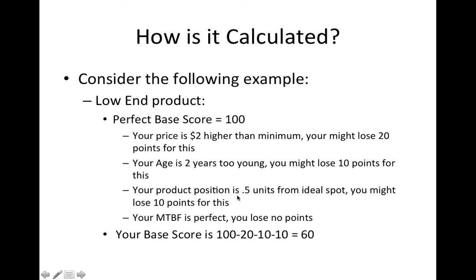And then my product is a half a unit from the ideal spot. I might lose, let's just say 10 points for that because positioning's not that important. So I'm down from 100 to 60 points. My MTBF is perfect, so I don't lose any points on that. Perfect being it's at the highest MTBF. Not sure I would have chosen to do that for the low end, but let's say that I did. Then I'm down to 60 points as a base score.